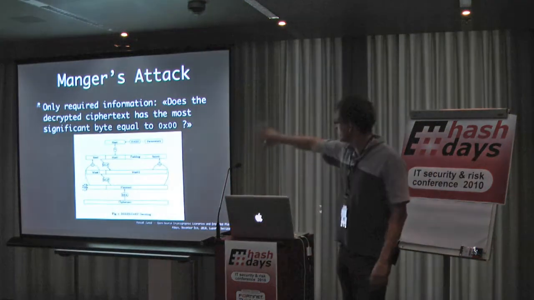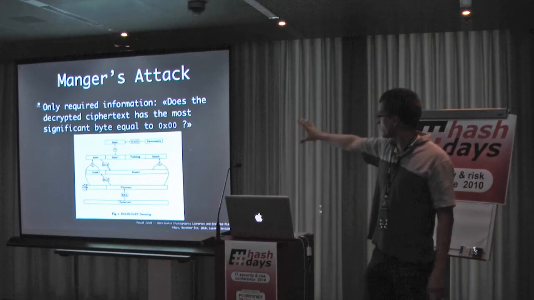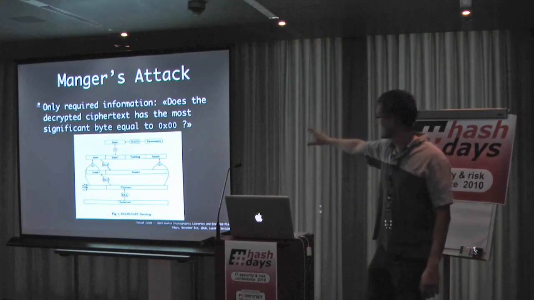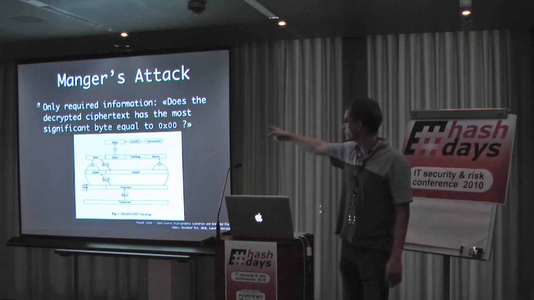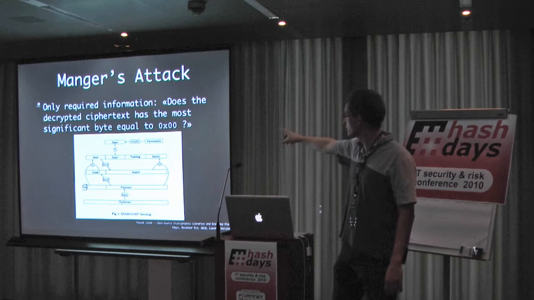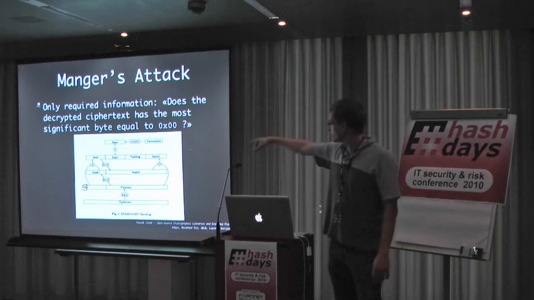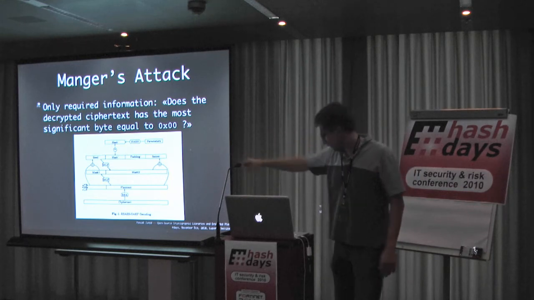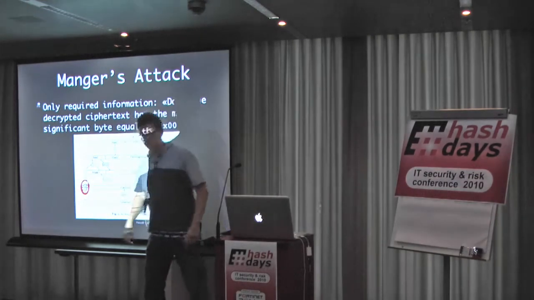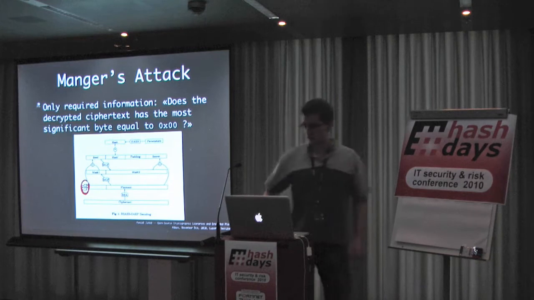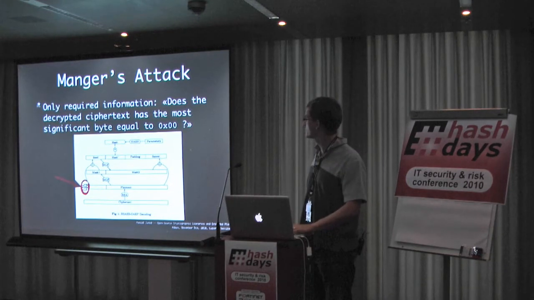So this is the whole padding mechanism, which is pretty complicated. It involves hash functions and secret random values and all this kind of stuff, just to recover this. And at the very beginning, you have a 0 byte. And this is what you are going to attack. Okay? Just this 0 byte.